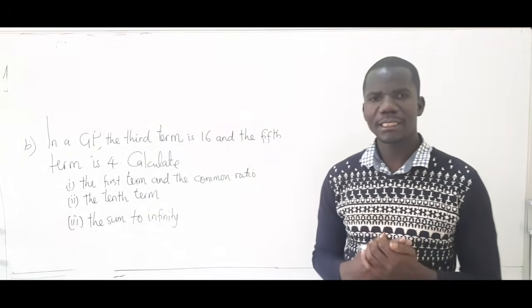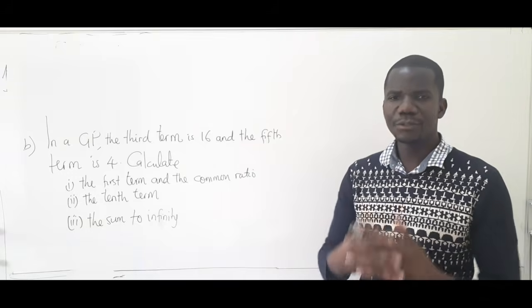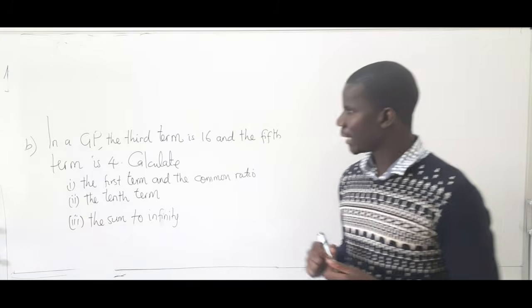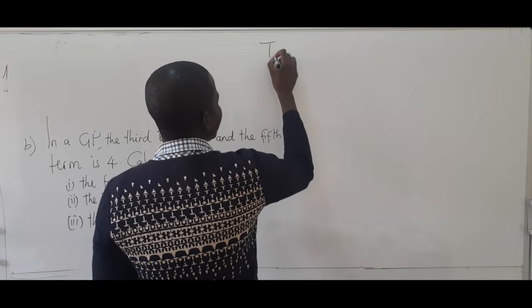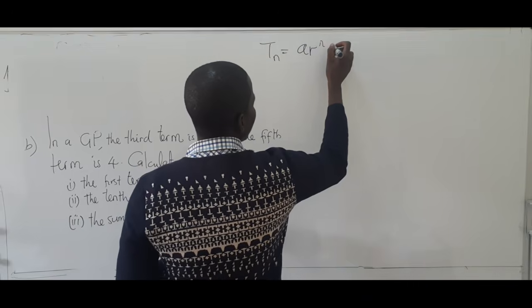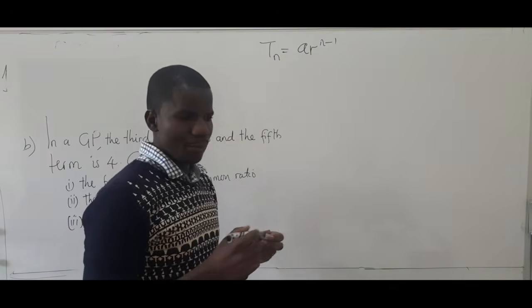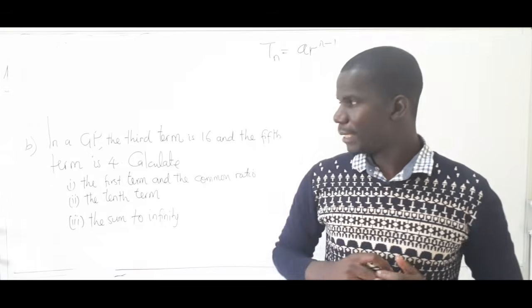So the first thing that must come to mind is what formula do we use to find the nth term of a GP? That formula is: nth term of a GP is first term multiplied by common ratio to the power n minus 1. This is the formula that we use to find the nth term of a geometric progression.